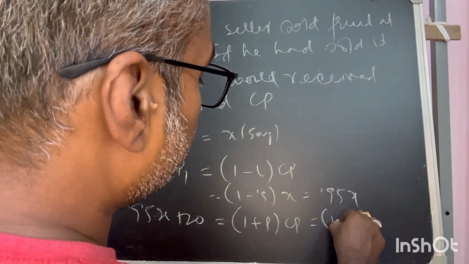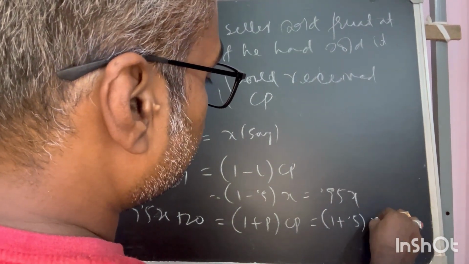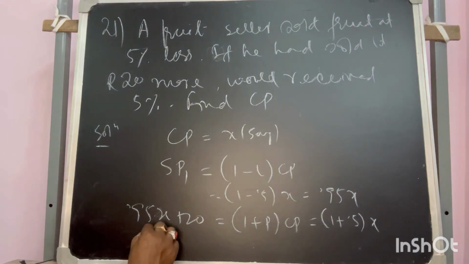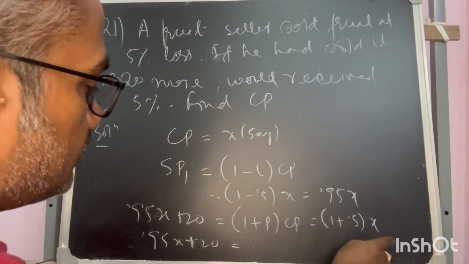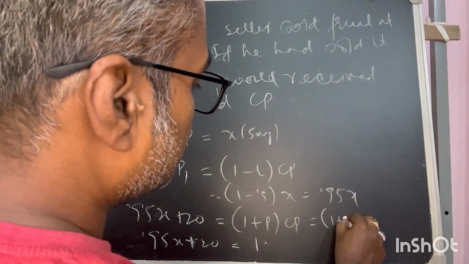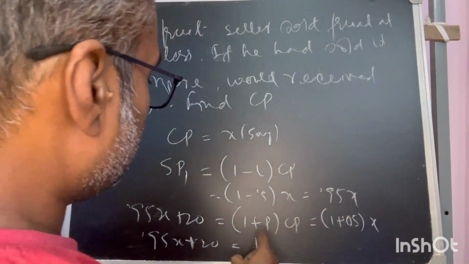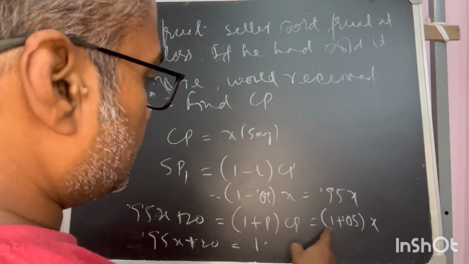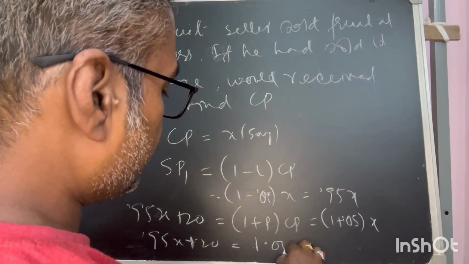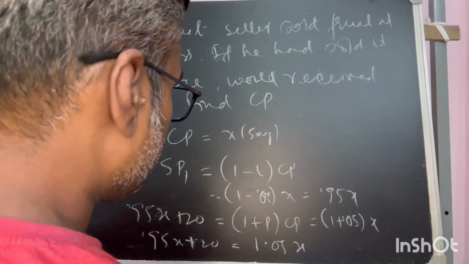So that is 1 plus 0.05 into X again. So 0.95X plus 20 is equal to 1.05X.